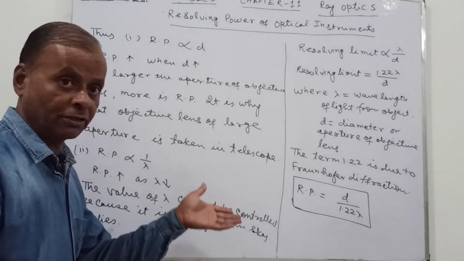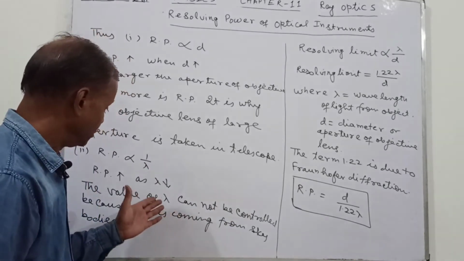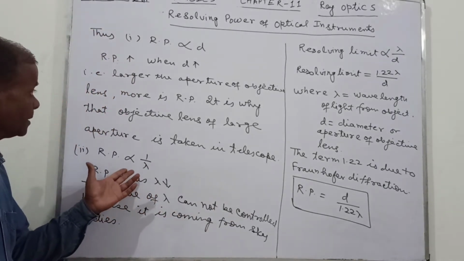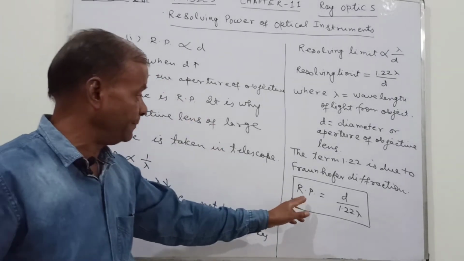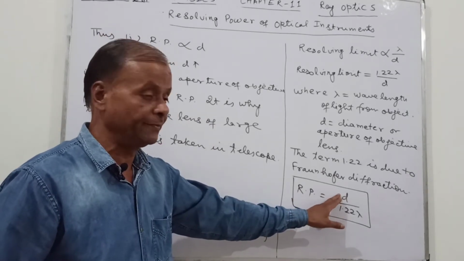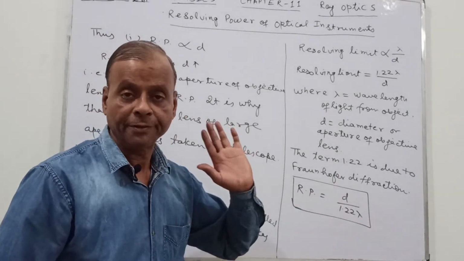So we have no control over the sky bodies, but we can see that to have the maximum resolving power, D must be maximum and lambda should be minimum.